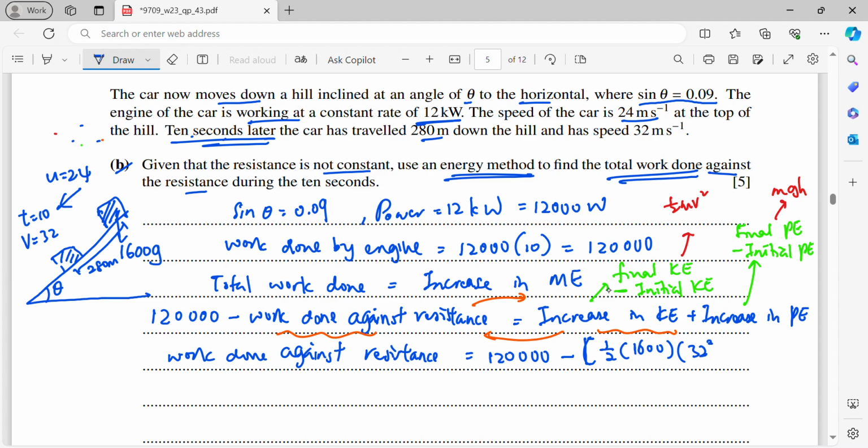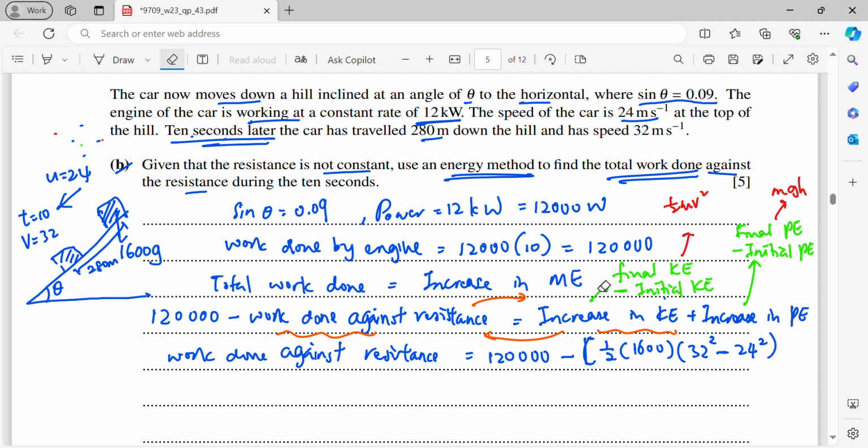Then because I need to minus the initial KE, the difference between the initial KE and the final KE is just the v, so here I minus the initial speed, which is 24.